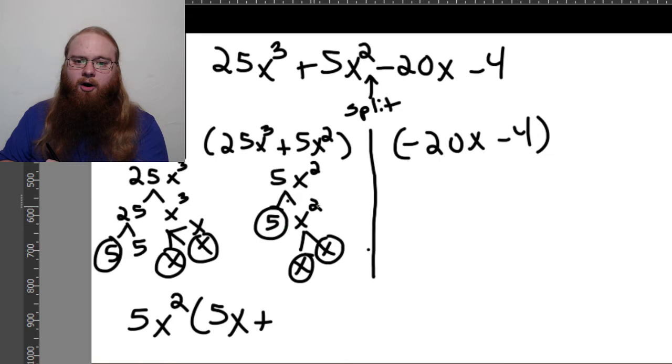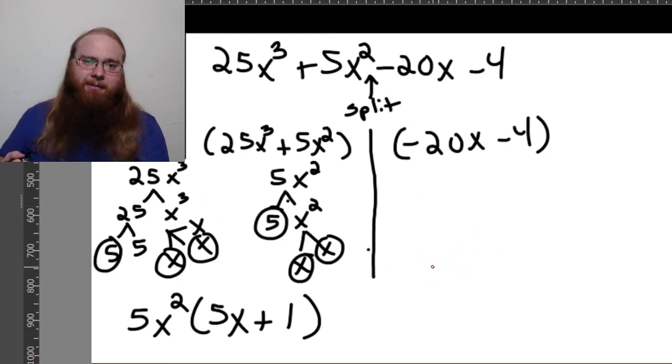And since we took all of these factors out, we're going to be left with a 1. And the reason it's a 1 is, if we were to distribute this and work backwards, if we did 5x squared times 0, we would get 0 still. So we wouldn't get what we started with. That's why that 1 is there. 1 is always a factor of everything. That's why it's never written. And multiplying something by 1 changes nothing.